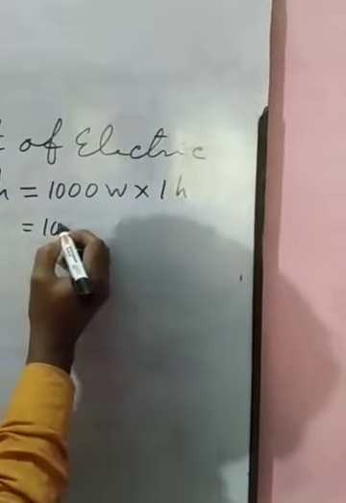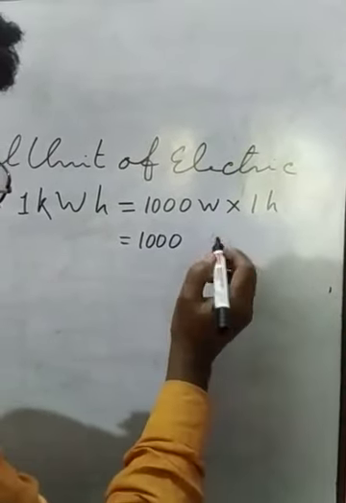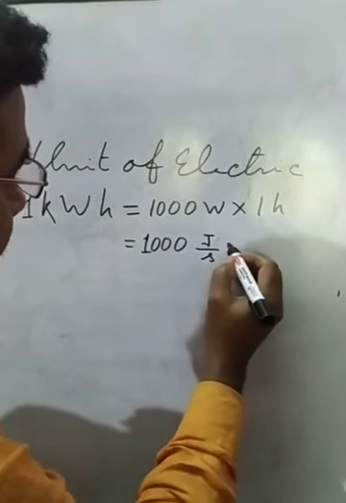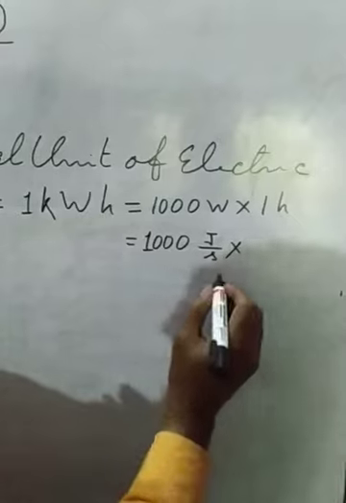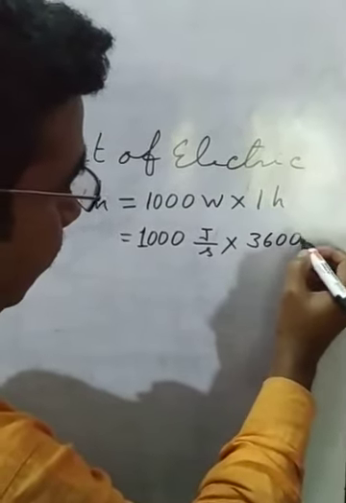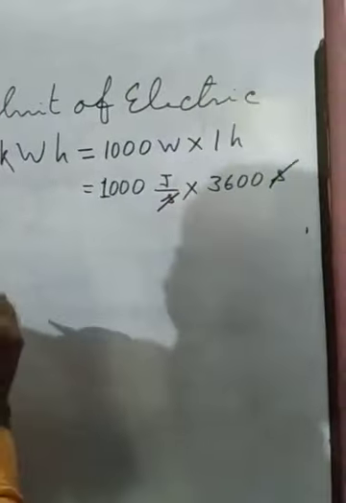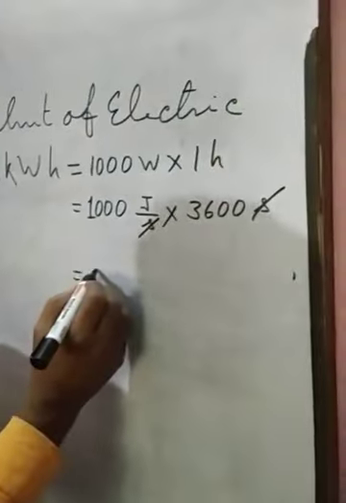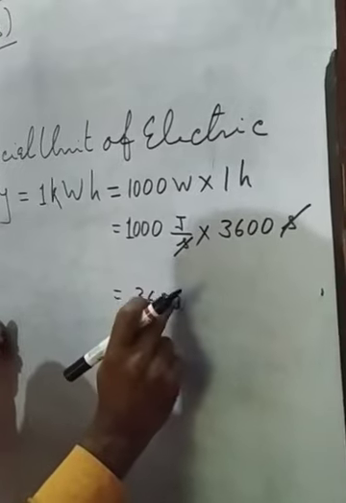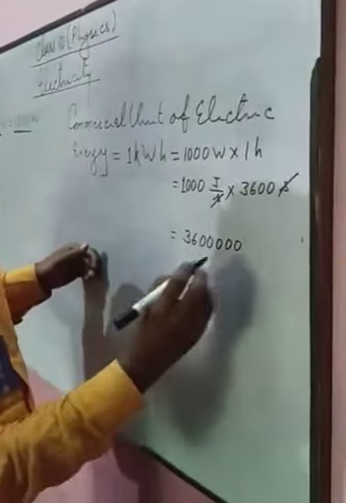That is 1000, and as we know, watt is joule per second, and in 1 hour there are 3600 seconds. This second is being cancelled by this second, so it is 1000 into 3600 joule.